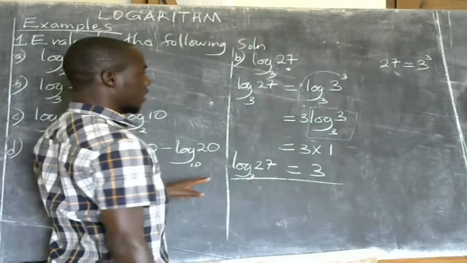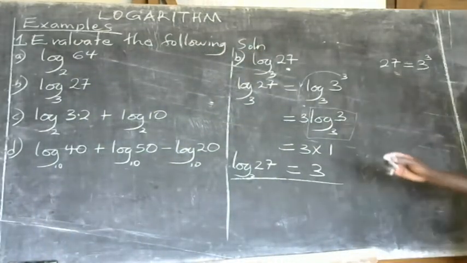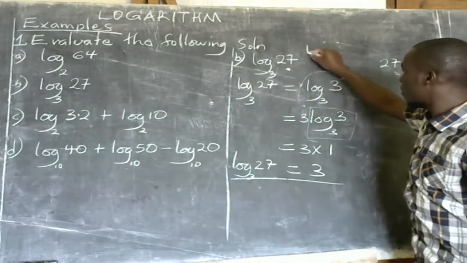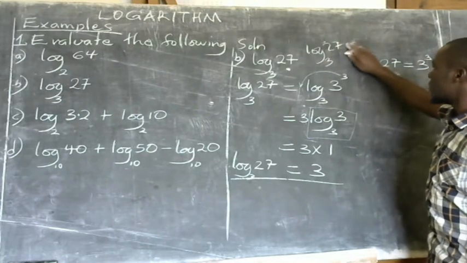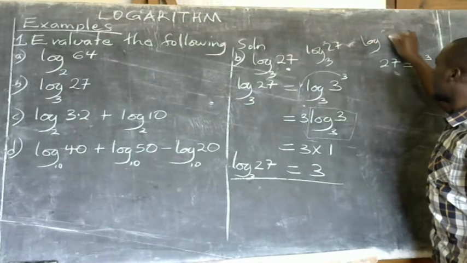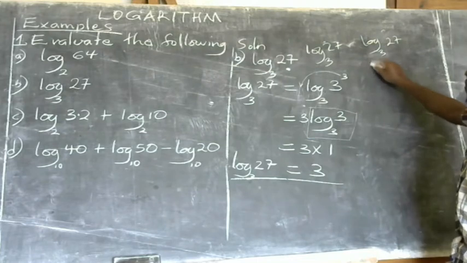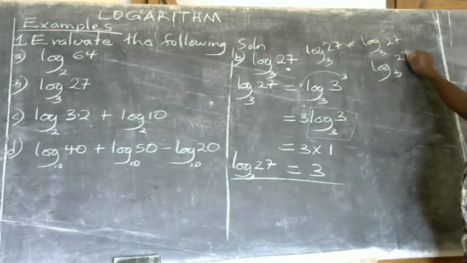Now, students normally don't know how to write the logarithm. They write log like this, log of 27 base 3. Others write log 327.